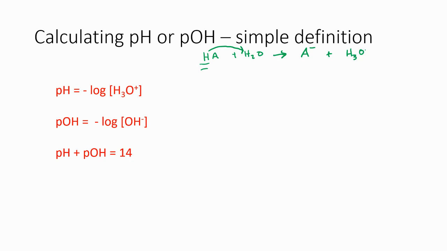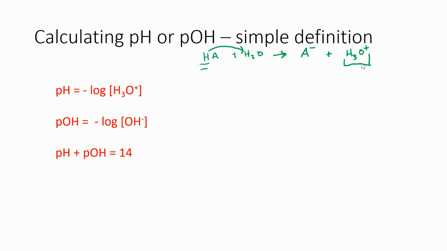Hydronium is H3O plus. The pH scale is 100% based on the hydronium ion, how much hydronium is in solution.